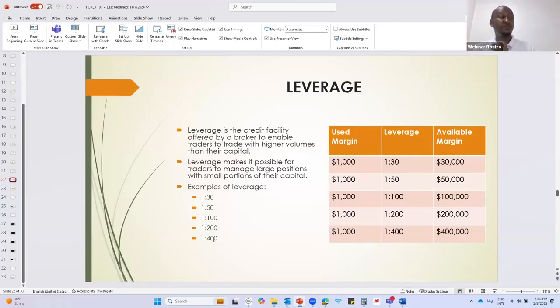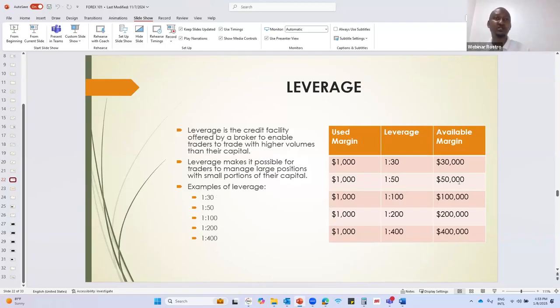But since Scope Markets Kenya is regulated by CMA, the maximum leverage that CMA allows us to give to our clients is 1:400. So what is the significance of leverage? If I'm using a leverage of 1:30, it means that for every dollar I deposit, it is multiplied times 30.